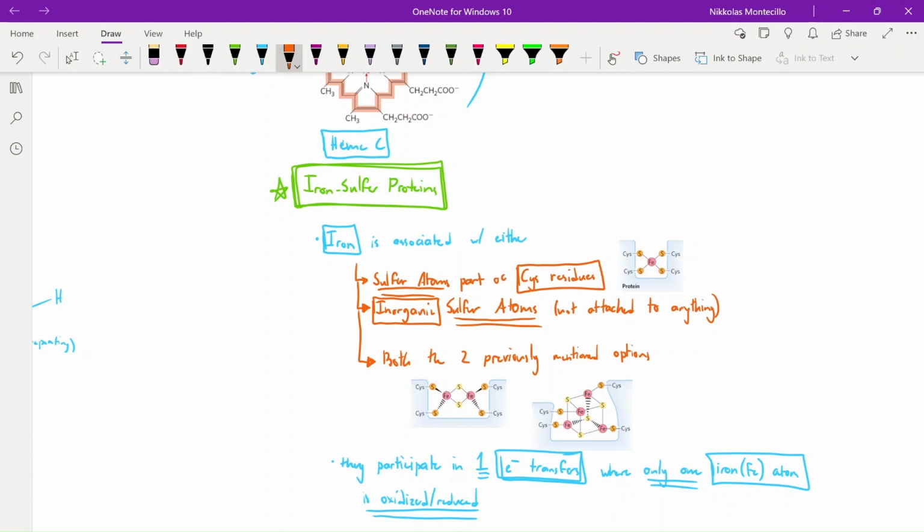So we see here that cysteine bonds to this iron atom through a sulfur, and then the same thing happens with this sulfur here. They both form a bond with the cysteine residue. And then the key idea here is that iron-sulfur proteins participate in one electron transfers where only one iron atom is oxidized or reduced.